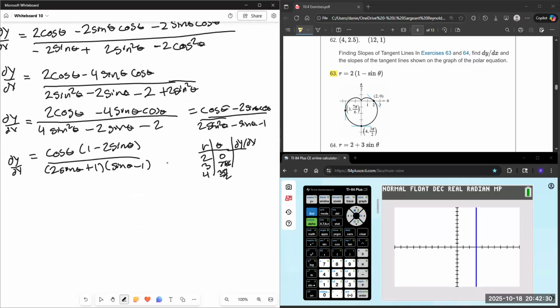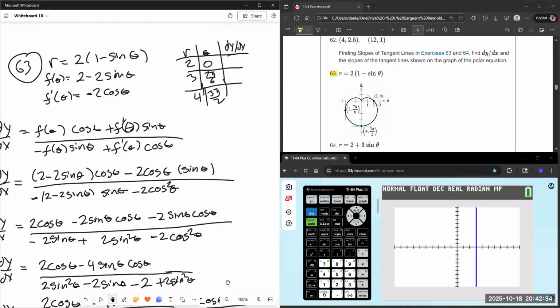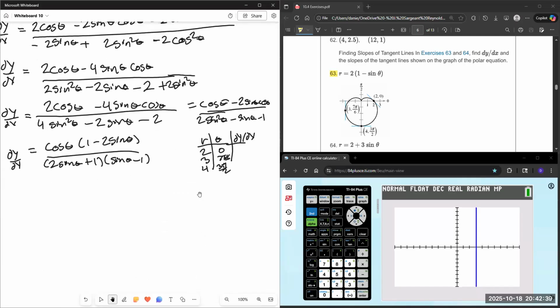That would have made things nice. r is 2 times 1 minus sine theta. I could have done that, but I didn't. So anyways, let's look at when theta is 0.